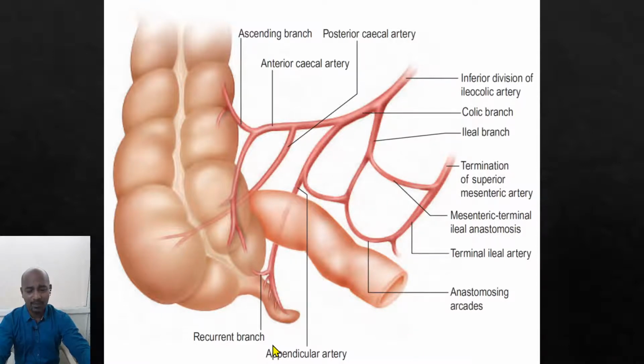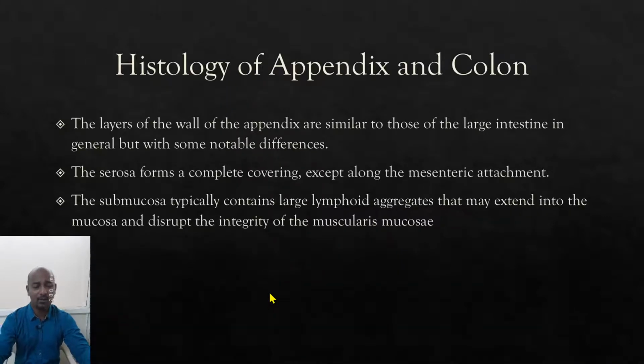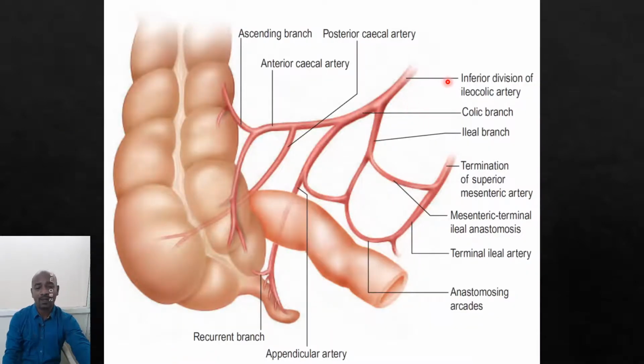And the venous drainage is along with similar veins that accompany the arteries, and ultimately the venous drainage goes into the superior mesenteric vein. The innervation to the appendix and the visceral peritoneum that covers the appendix is derived from the 10th thoracic segment.